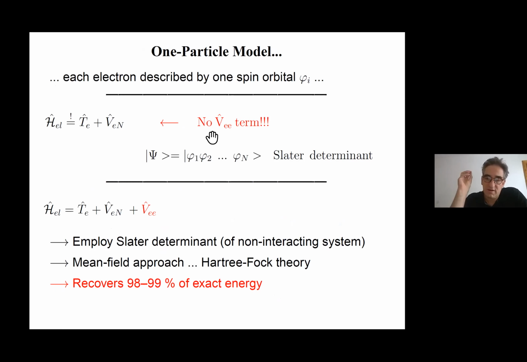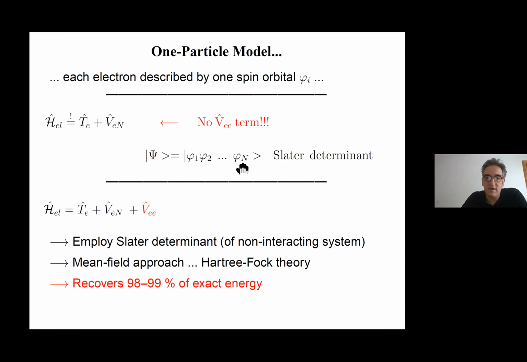Then the electrons are fully decoupled, so you can describe each electron with a spin orbital, just one orbital, a one-electron function. This is sufficient to write an ansatz, like a product ansatz. You have to respect antisymmetry, the Pauli principle, in order to be physically correct, and this is given by the so-called Slater determinant.